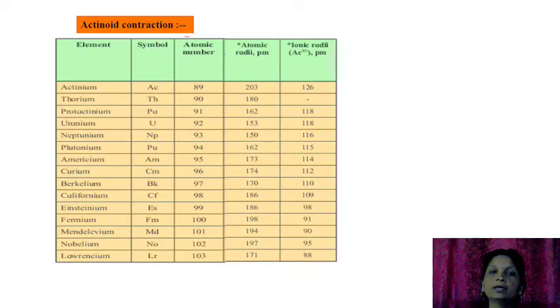Now let us discuss the actinoid contraction. The decrease in the atomic and ionic radii as the atomic number increases is called contraction.